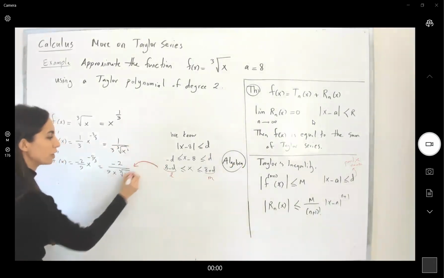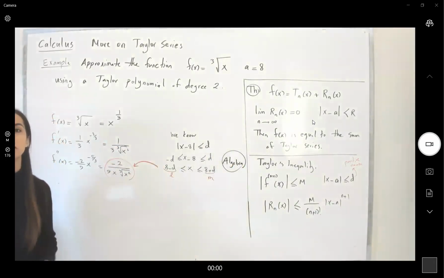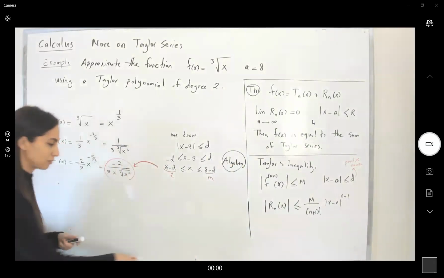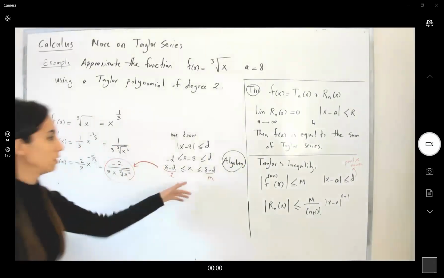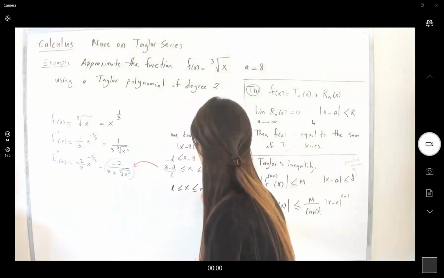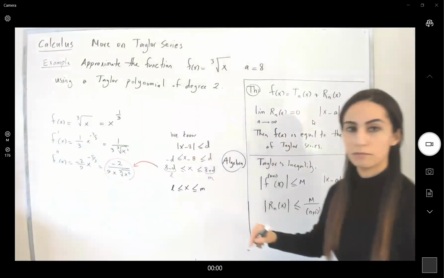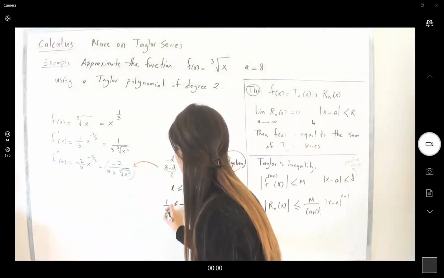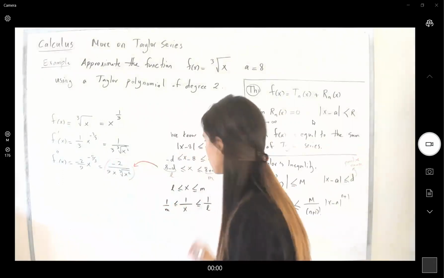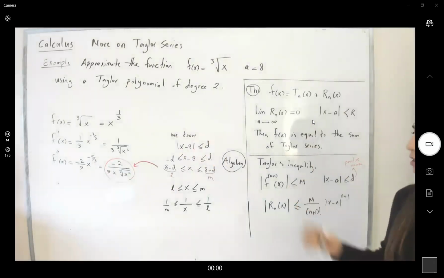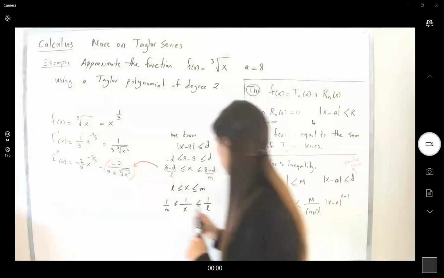Now you're trying to find the bound for this expression. How do we find a bound for this expression? This is just an algebraic quantity. How do we find lower bound and upper bound? Well, we start with x in between L and M. Since x is in between L and M, if you flip it, you get 1 over x between 1 over M and 1 over L. Let us raise everything to the power 5 over 3.